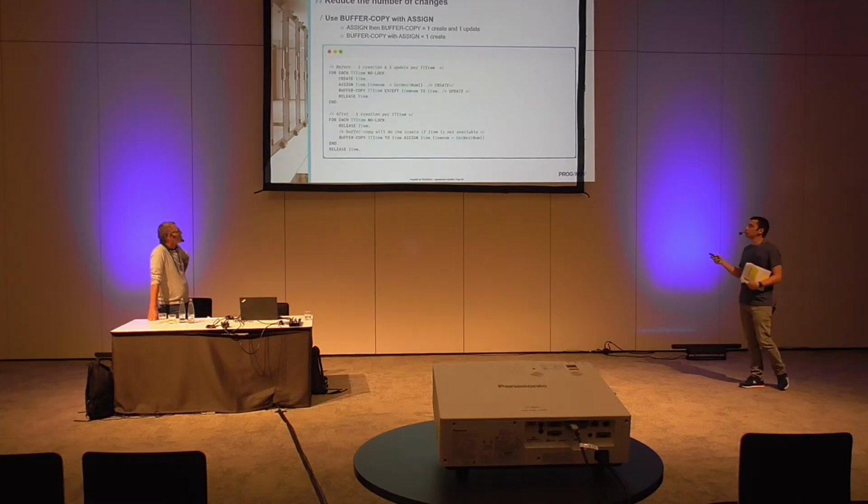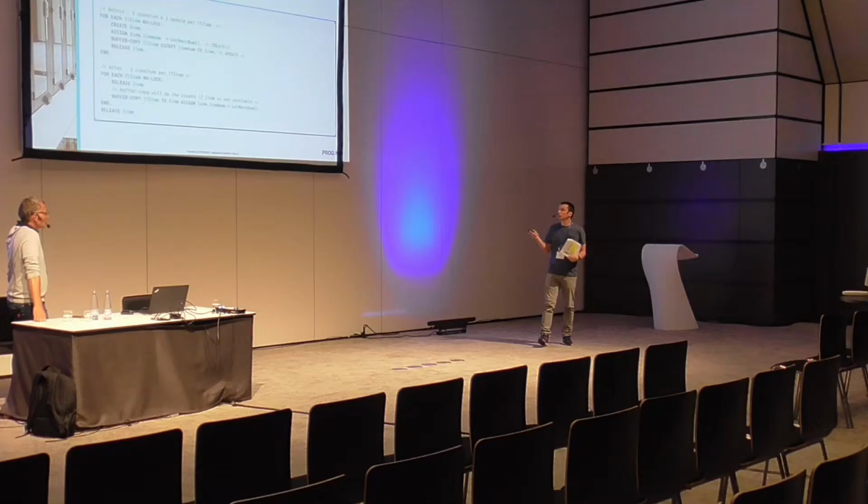This will result in two changes. You can divide the number of changes by 2 per item just by using the ASSIGN keyword in the buffer copy statement. So you only have one change instead of 2 changes. So it's also a simple trick, but it will improve the replication.